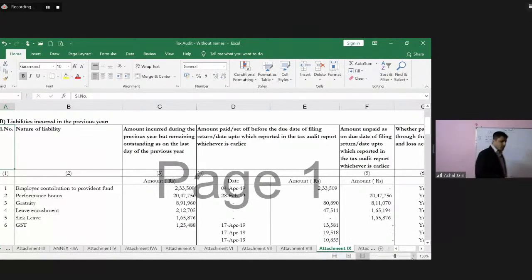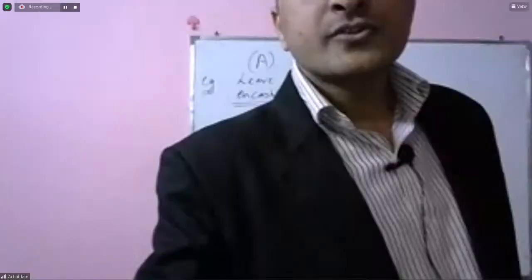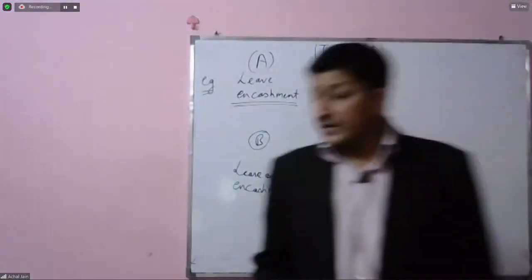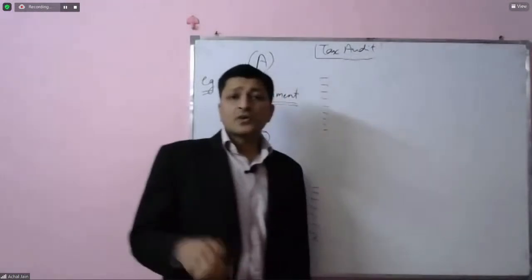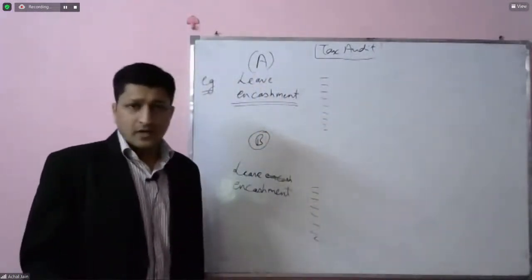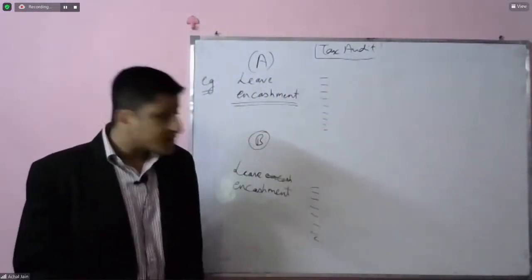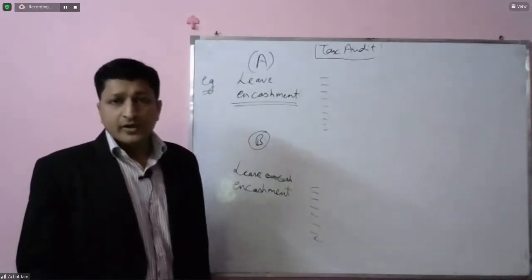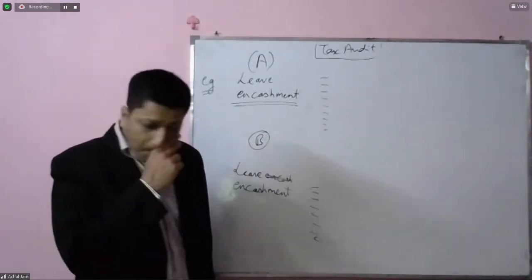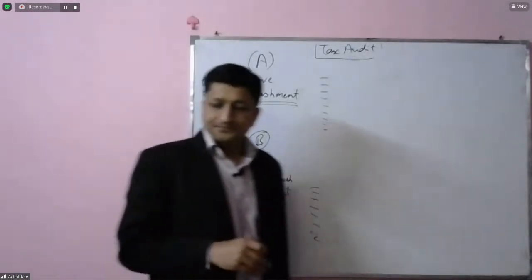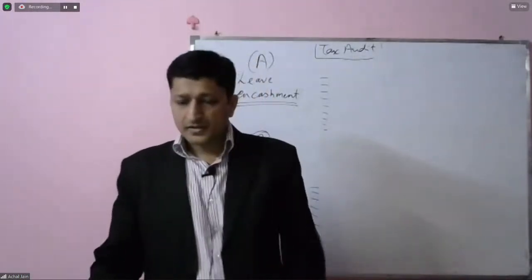Now I'll come to another very important part of this clause in terms of its reporting and in terms of its checking. Prashant has also asked me that, sir, if this is paid up to the date of furnishing of return, where do we report it? Yeah. So let's understand this.